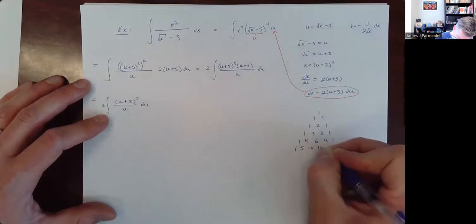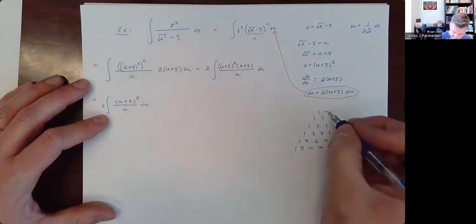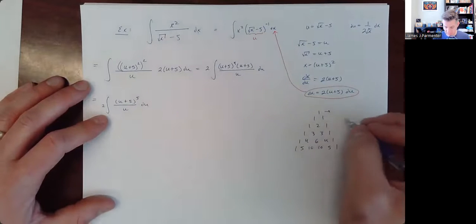So I'm going to multiply it out using Pascal's triangle. And I know I need the row that has 5 as the second number. These are the coefficients.